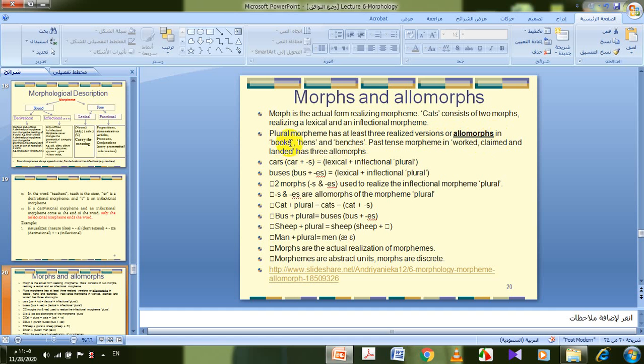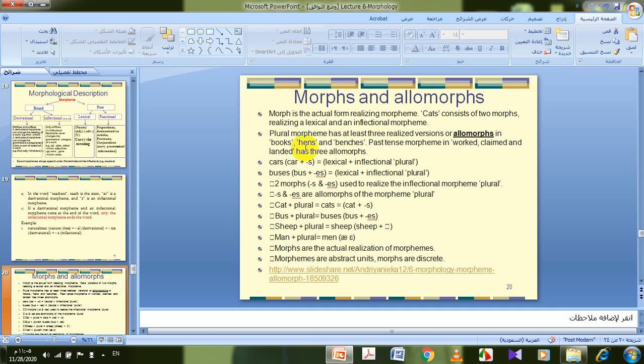Why? Because the pronunciation is different. It is the same plural, but boxes is pronounced iz, hens is pronounced z, and benches is iz. So we have s, z, and iz.